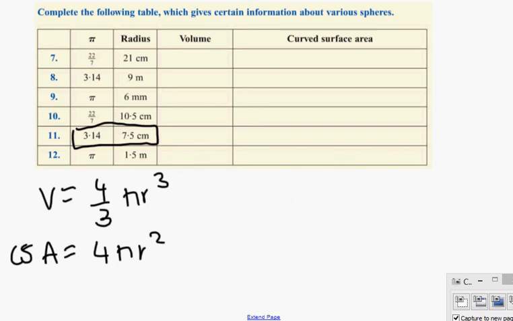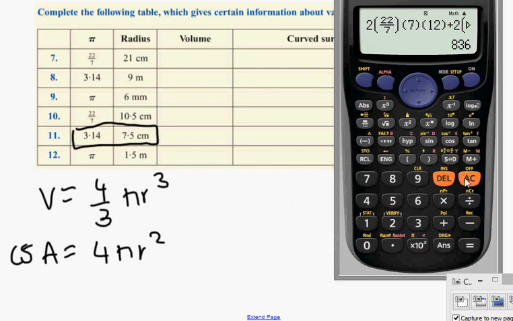Now the volume, all we got to do is use the formula, and we just press 4/3, and then pi r cubed, so it's going to be 3.14, multiplied by r cubed, so that's 7.5 to the power of 3. It's as simple as that.